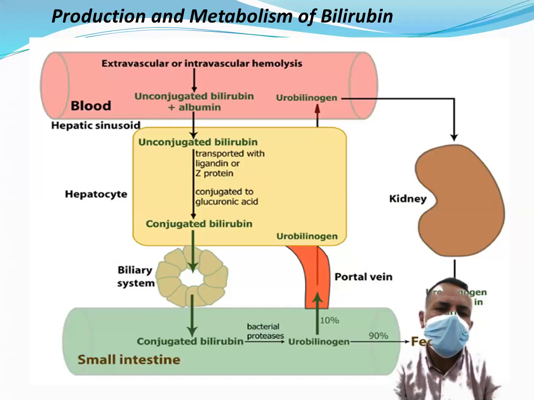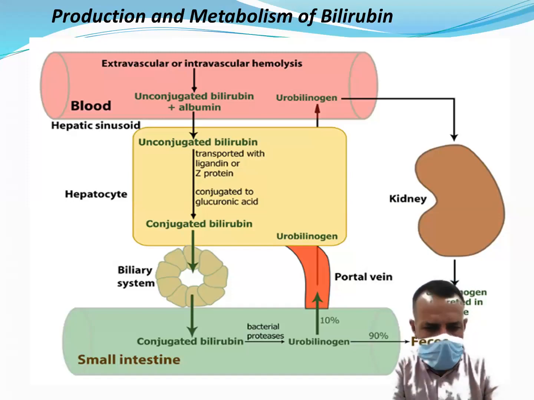Inside the hepatocyte, there is conjugation to the mono and diglucuronide, leading to formation of conjugated bilirubin. The conjugated bilirubin is then secreted in the biliary system, which passes to the intestine, inside the small intestine, and then to the large bowel.